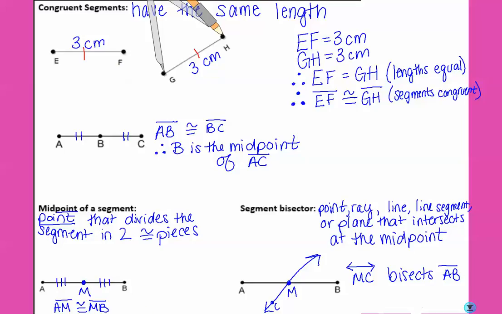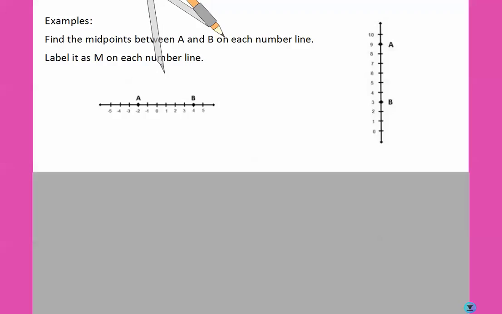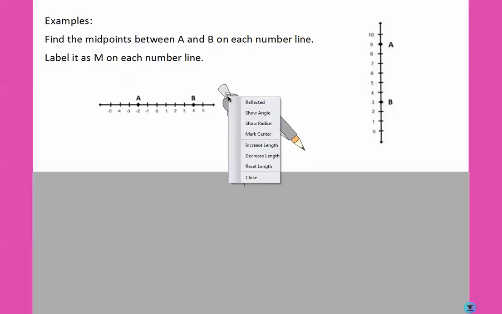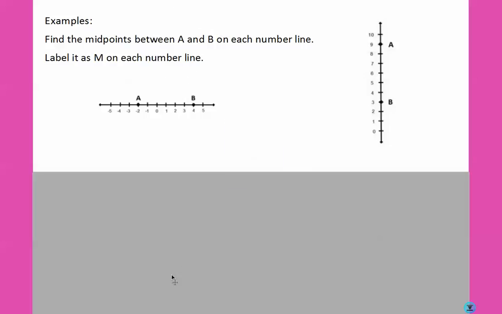So let's look more at some midpoints. Find the midpoints between A and B on each number line. Label it as M on each number line.